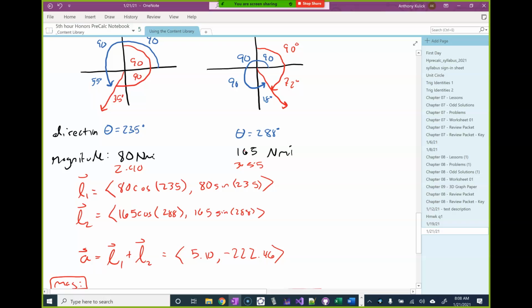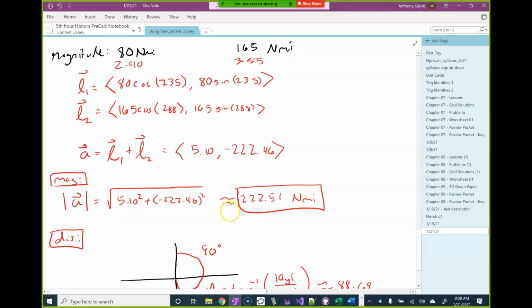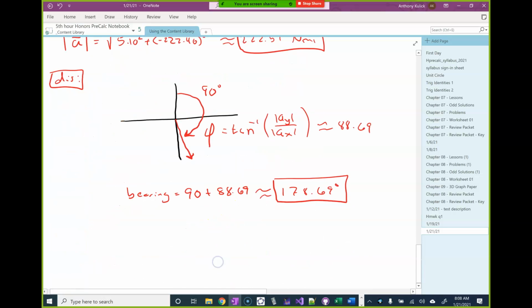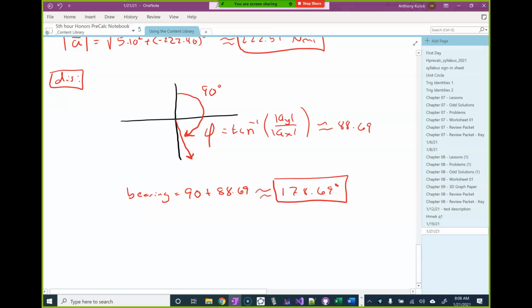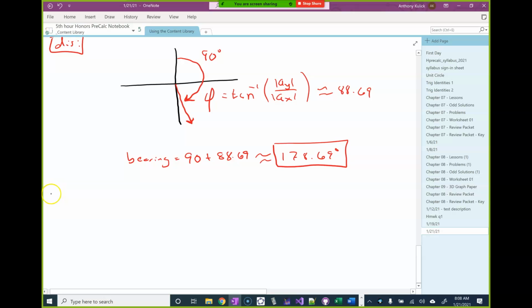So the magnitude is the same thing as the length of that vector, which is just the distance on that leg of the trip. So at least if it's a navigation problem, it'll just be a distance. Okay.